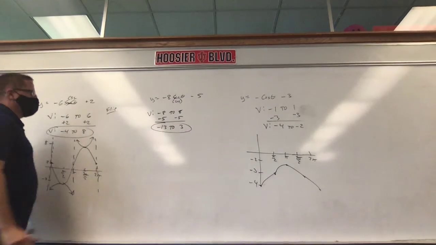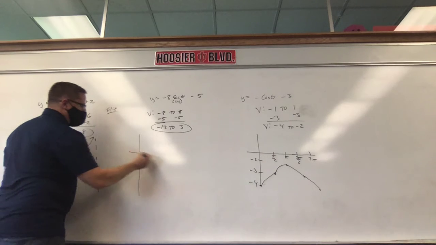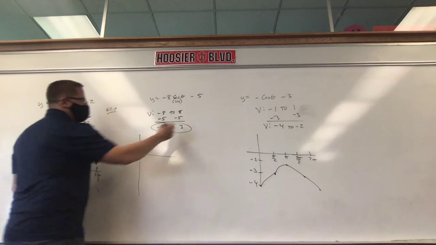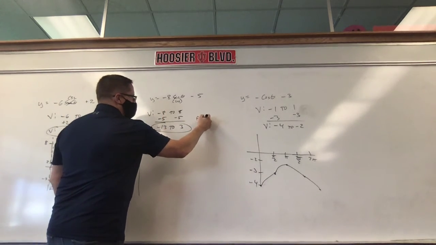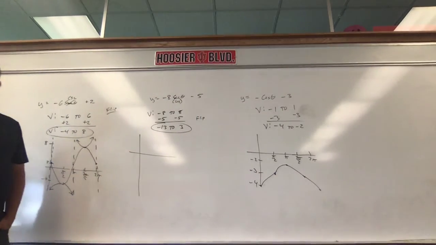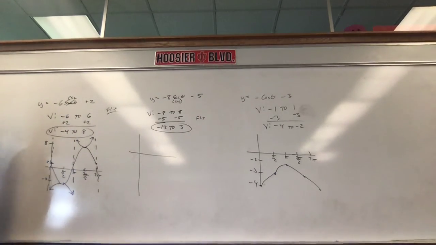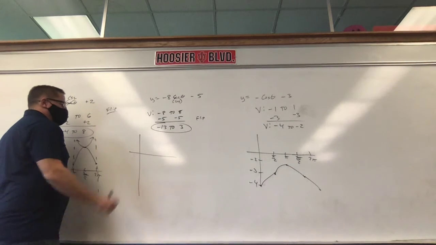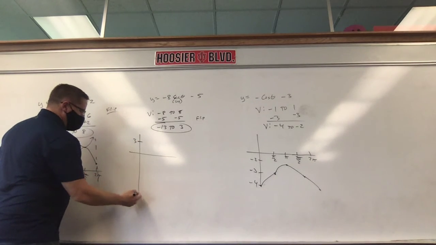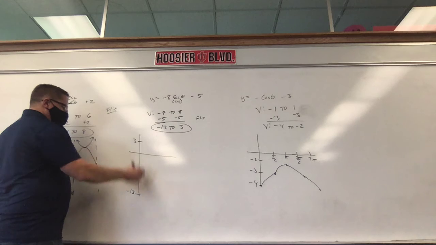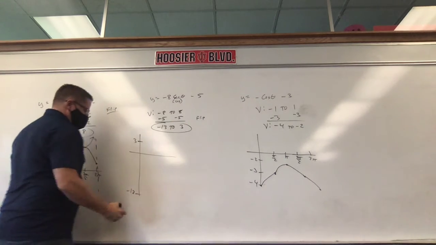Okay? So, are you going to flip it? Yep, negative right there. If I forget to write that down, is that okay? Yeah, just don't forget to do what it says. Okay, so we have 3 right here, negative 13 here. What's between 3 and negative 13? -5. Negative 5.